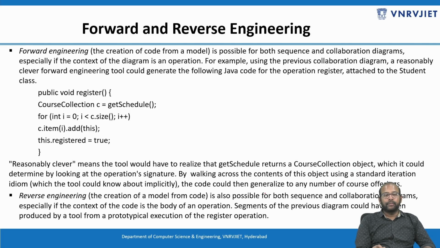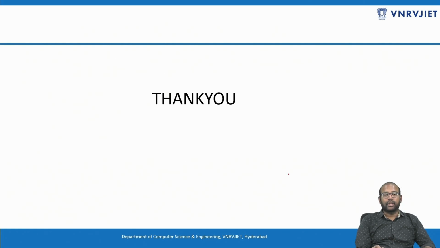But when it comes to reverse engineering, forward engineering will generate more, because it is easy. Why? Because UML takes support from object oriented languages like C++, Java, or C#. Then it is easy to convert the code from the model in forward engineering.